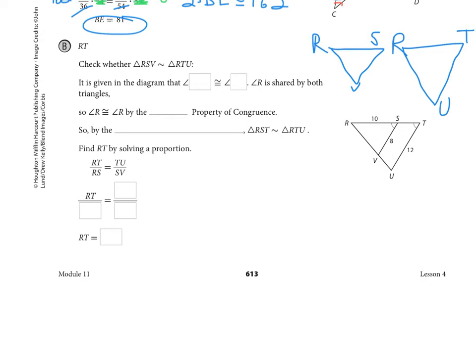Well, because we share an angle R in both the small and the large triangle, that's one pair of angles, and it's also given in the diagram here that angle S is congruent to angle T, and of course R is shared, so that's our reflexive property, as we've seen in other proofs before.